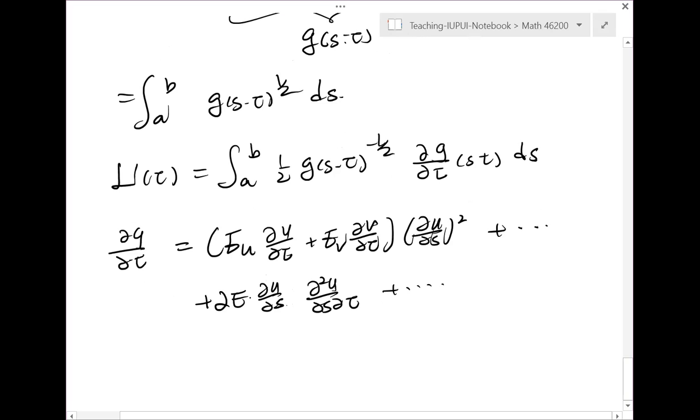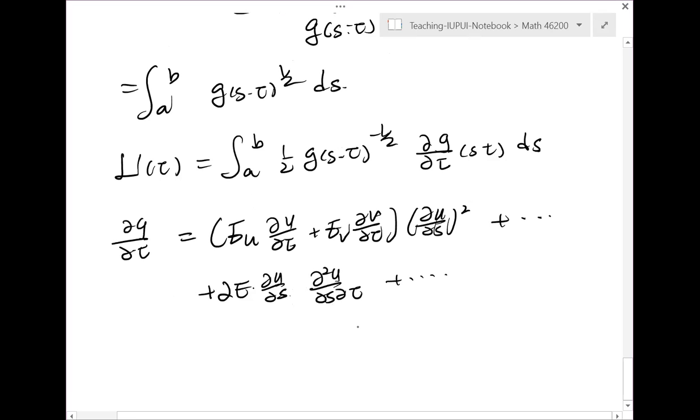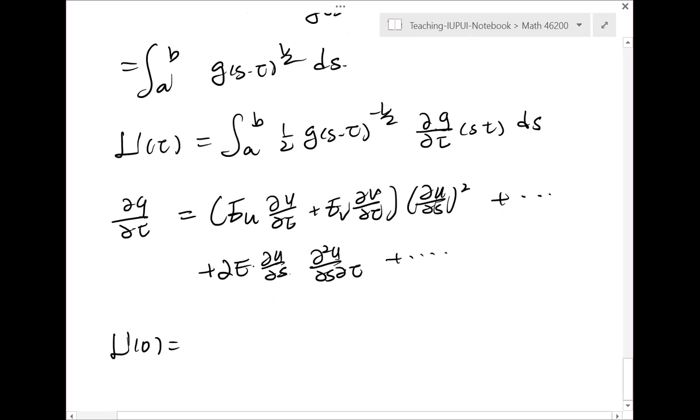So if I set tau to be 0, and I collect those terms, what I can get is the following expressions.